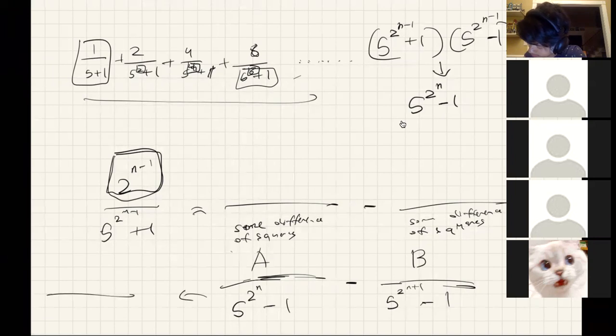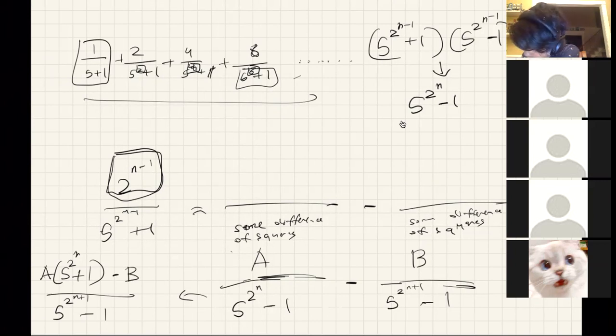We want to write this as 5 to the power of 2n plus 1 minus 1, and then a times 5 to the power of 2n minus 1 plus 1, minus b.